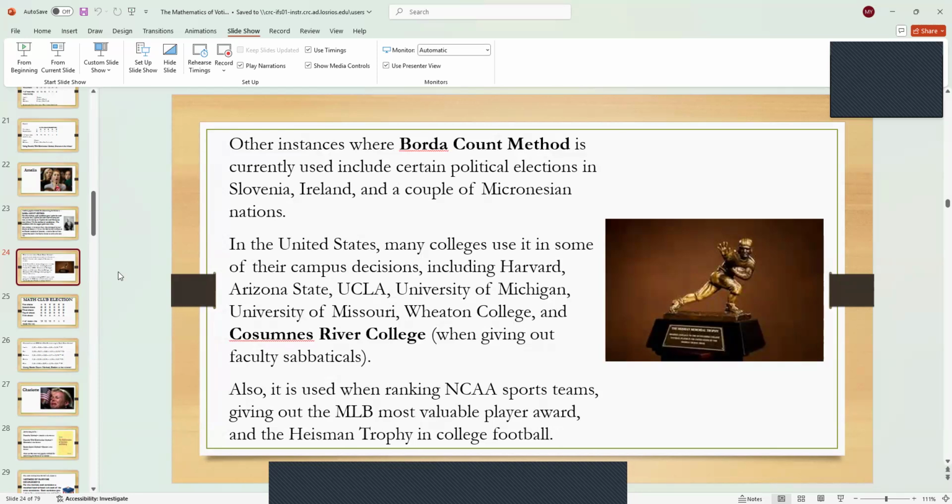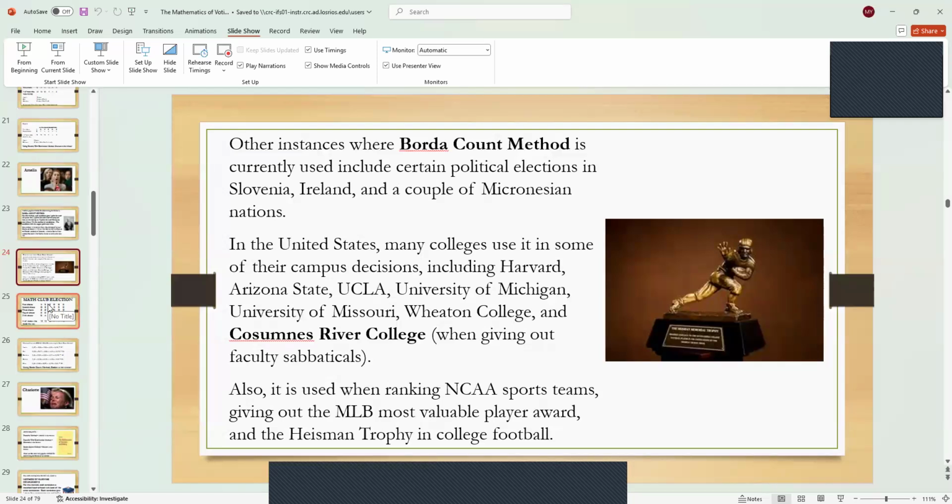It's also used a lot when ranking sports teams. NCAA basketball, NCAA football, giving out the Major League Baseball Most Valuable Player Award, giving out the Heisman Trophy in college football. Borda count method is used all over the place. And so some political elections use the Borda count method to determine the winner.